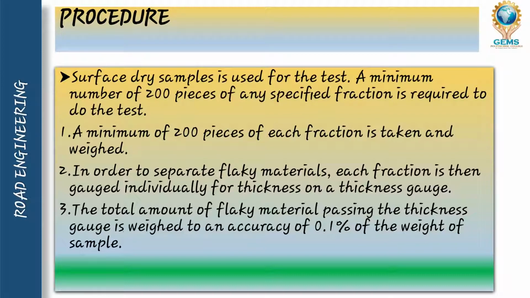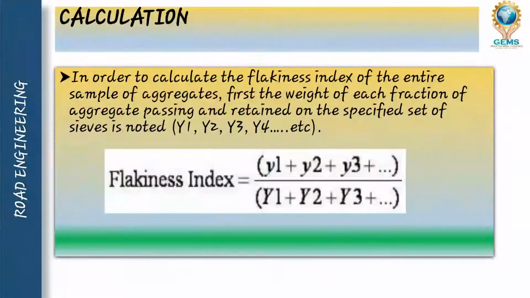After passing, take the weight of the passing material as well as the weight of the total material. You get the total material weight, and after that you take the weight of the passing material.